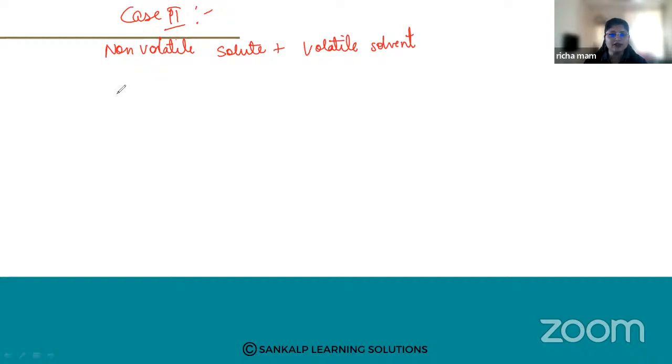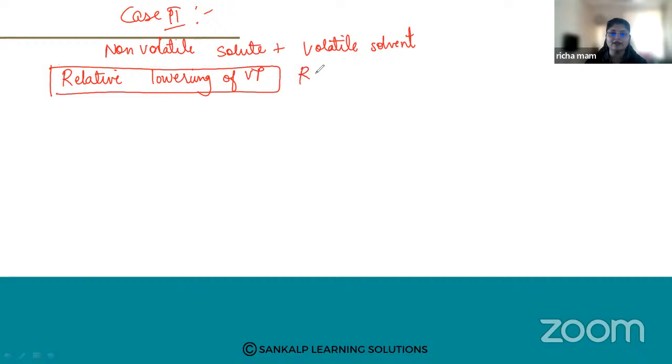Now here, suppose... in this case, what is happening? We are going to see how the relative lowering of vapor pressure, that is RLVP, is related.